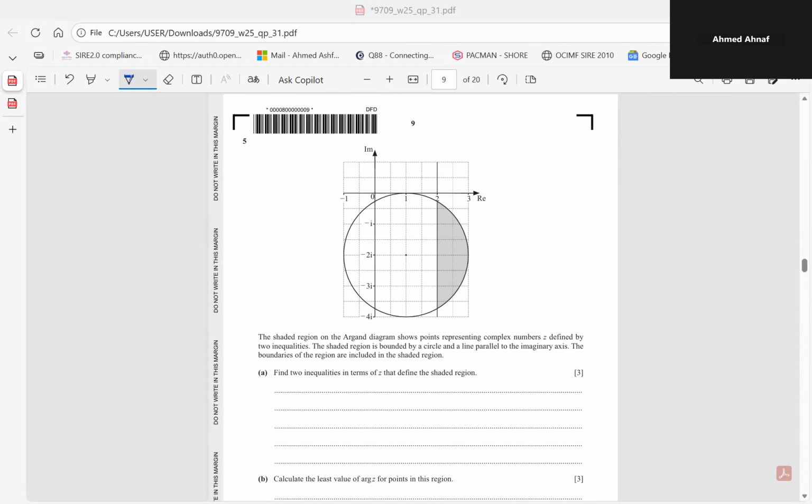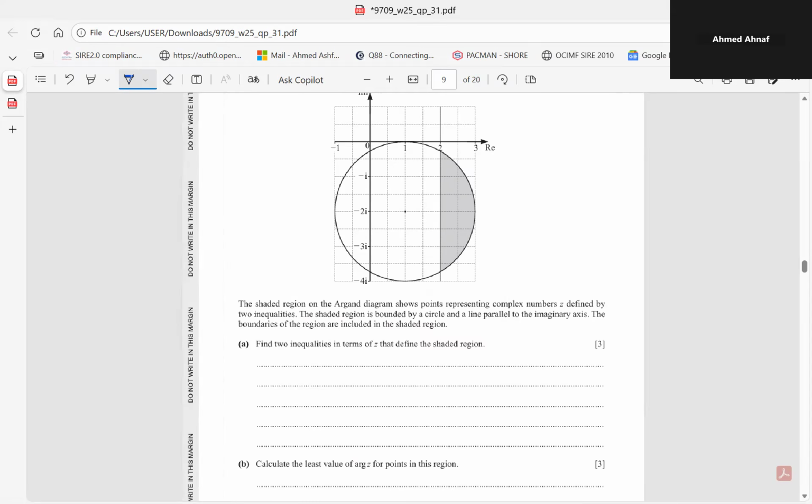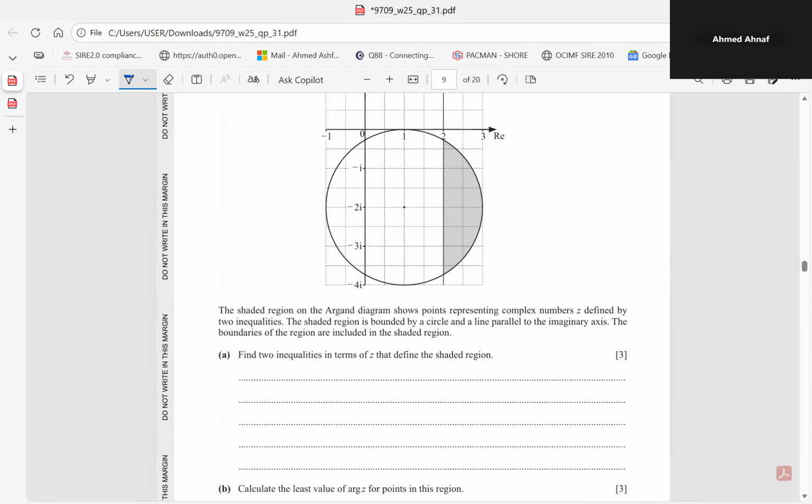Okay, so for this question, we're told that the shaded region on the diagram shows points representing complex numbers z, defined by two inequalities. The shaded region is bounded by a circle and a line parallel to the imaginary axis. It's all shown in the diagram. So we have the circle, and this is the line they're talking about.